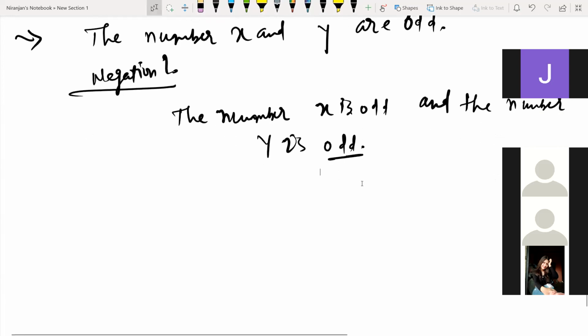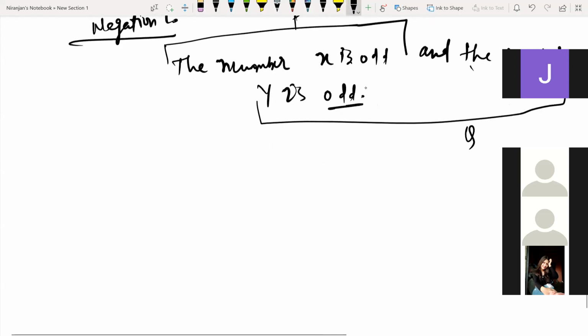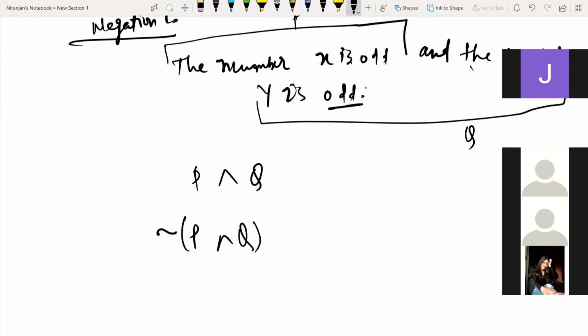Now, this part is one statement, so you write it P, and this part, the Y part, is another statement, you write it Q. So what do you have? P and Q.